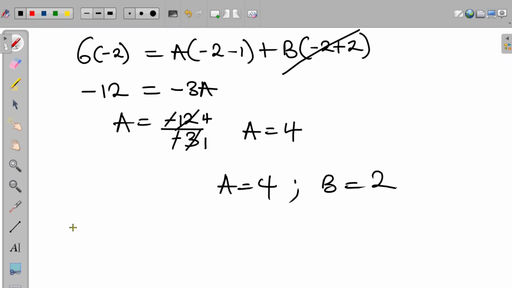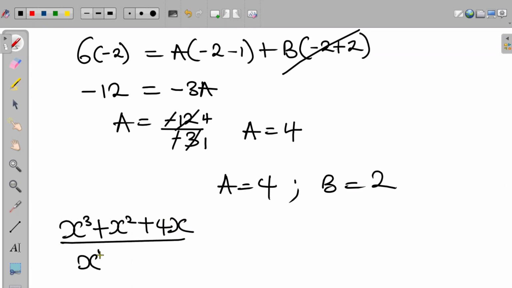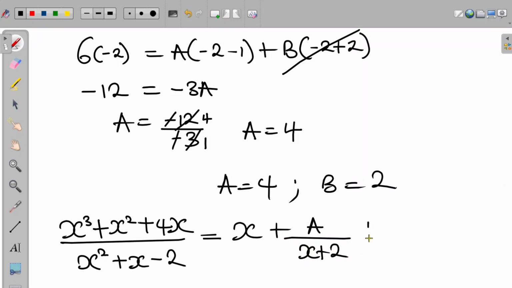So therefore, from our compound algebraic fraction, we have that x cubed plus x squared plus 4x divided by x squared plus x minus 2 is giving us x plus a divided by x plus 2 plus b divided by x minus 1.